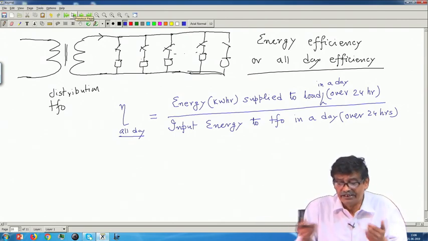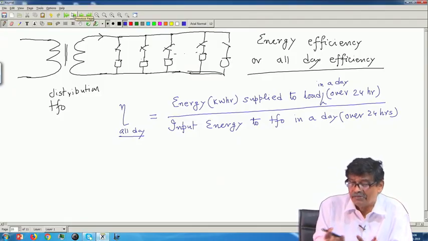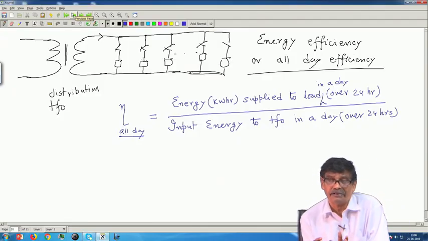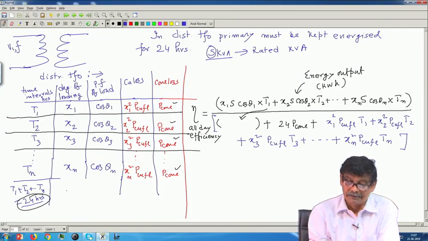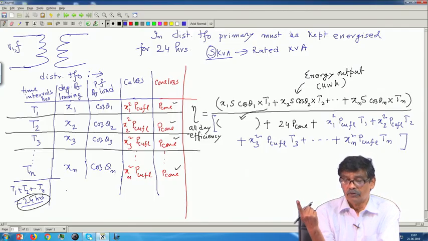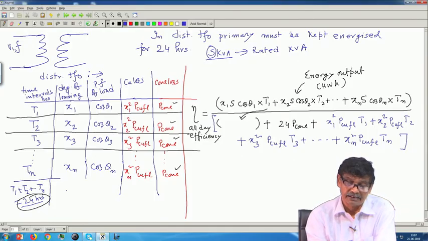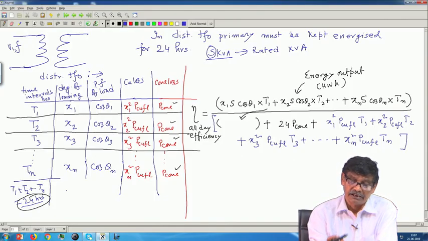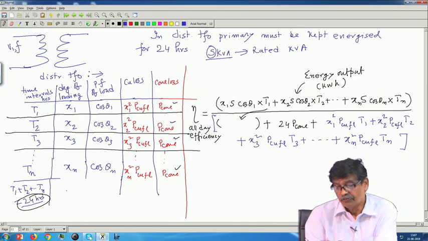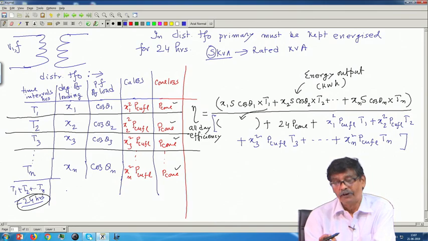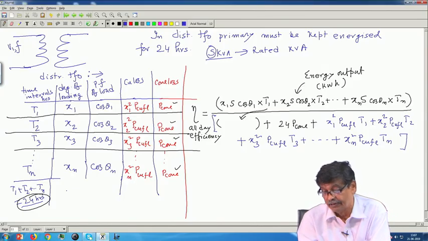And after doing some statistical observations, I have seen, okay, on an average first T1 hours, so much demand of power, degree of loading is x1, then x2, and power factors of the expected load on the secondary at that time will be cos theta 1 for the first T1 hours and so on. And as degree of loading changes, copper loss in terms of rated P CU full load will go on changing, and I know how to calculate that.